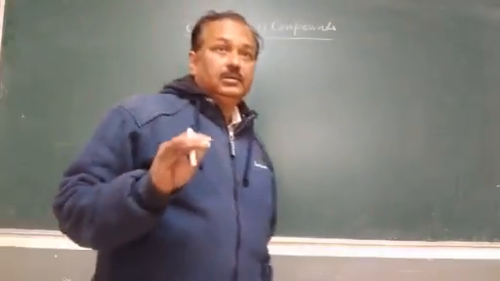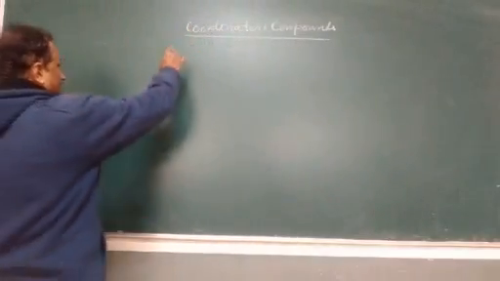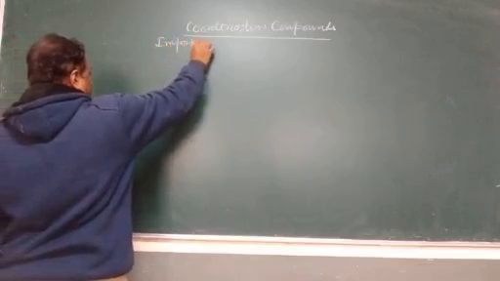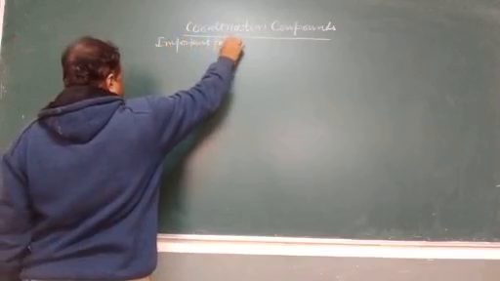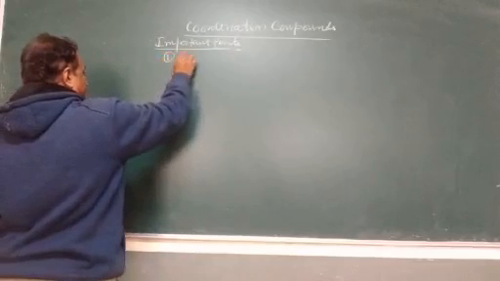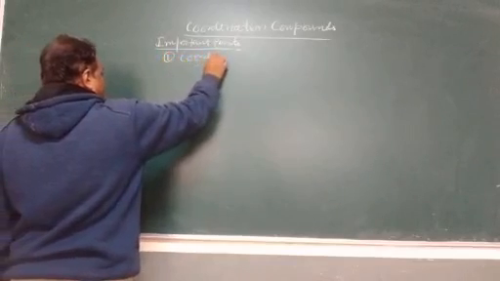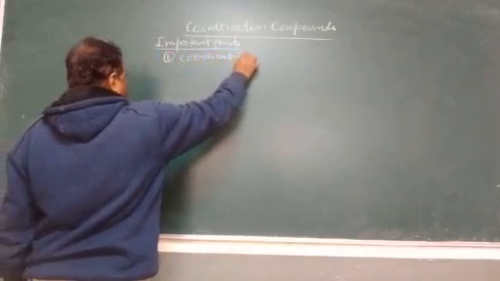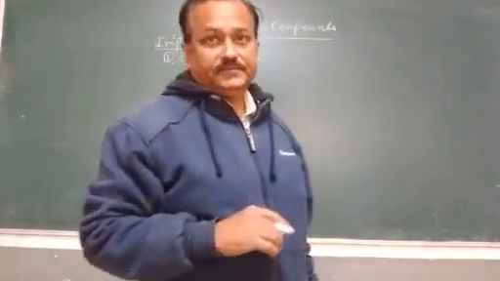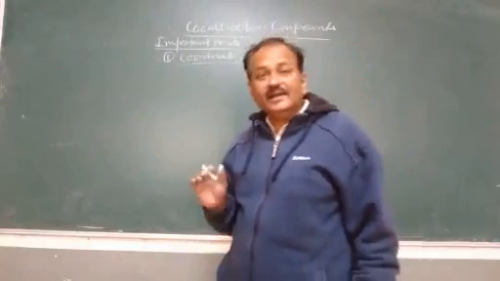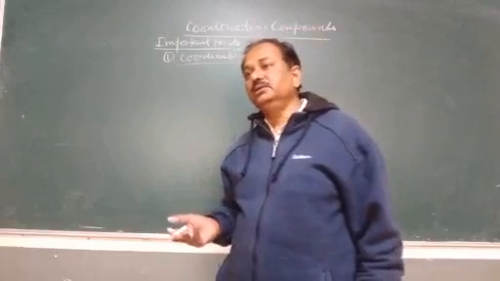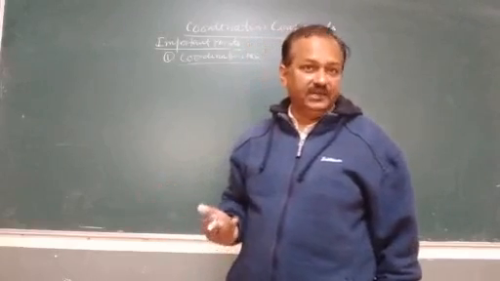Now see some important points. First is the coordination number. Coordination number is the number of ligands attached to the central metal atom, which is equal to the secondary valency.